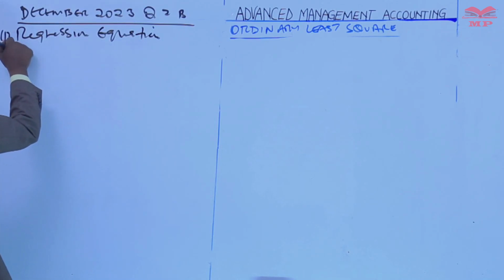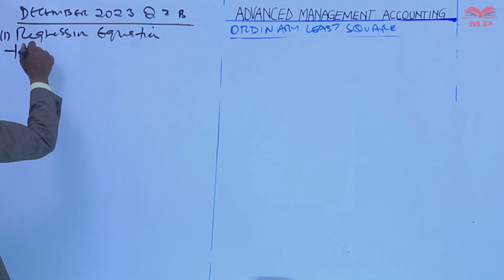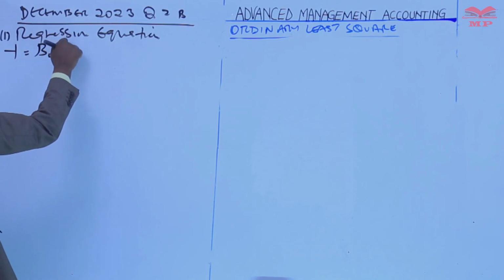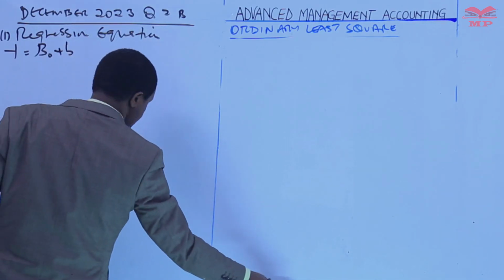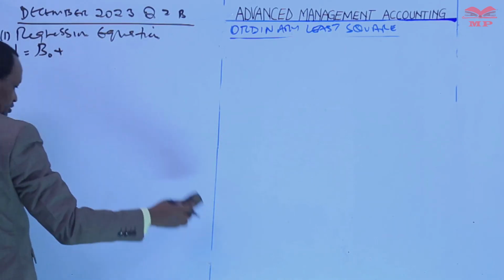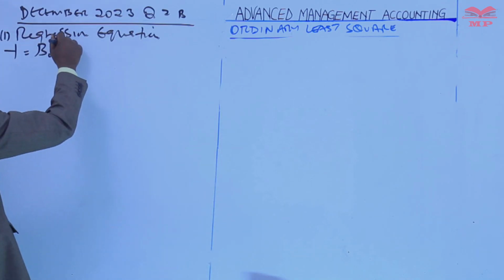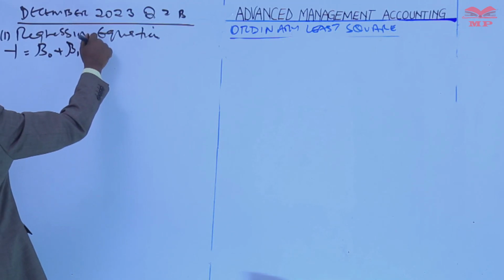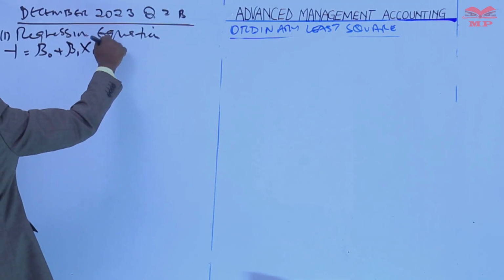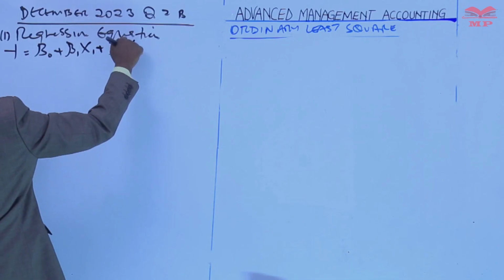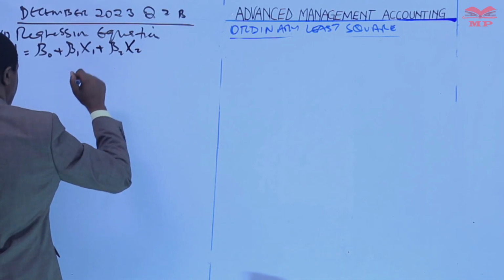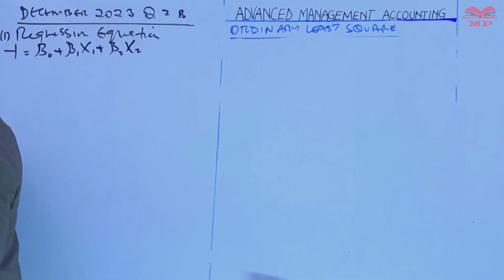We have the dependent variable y being equal to beta naught plus beta 1 x1 plus beta 2 x2. So how many variables do we have here?